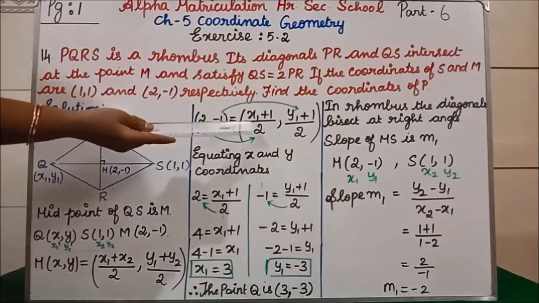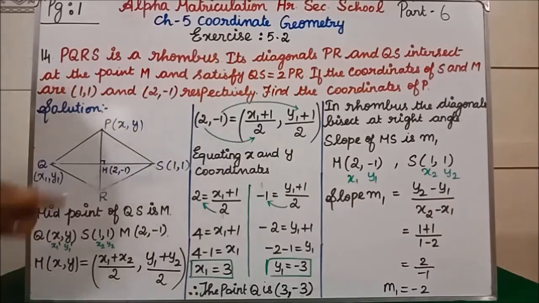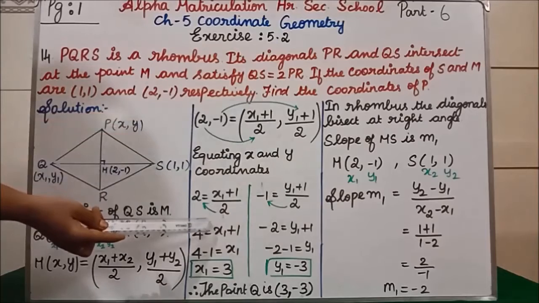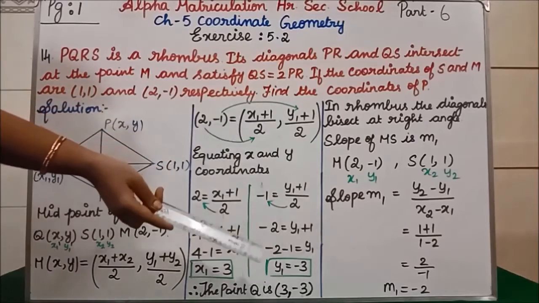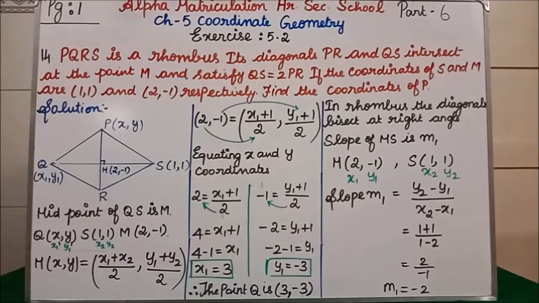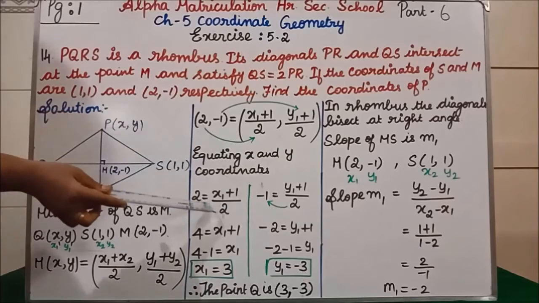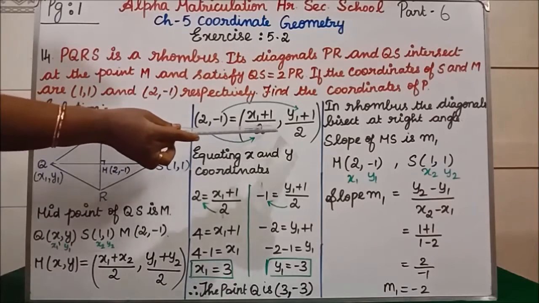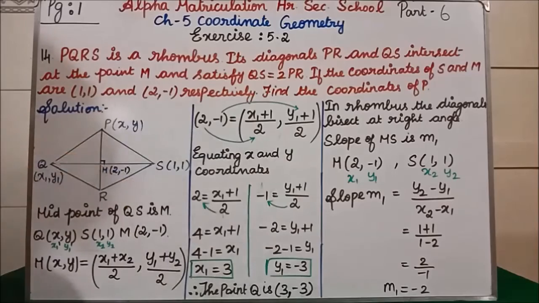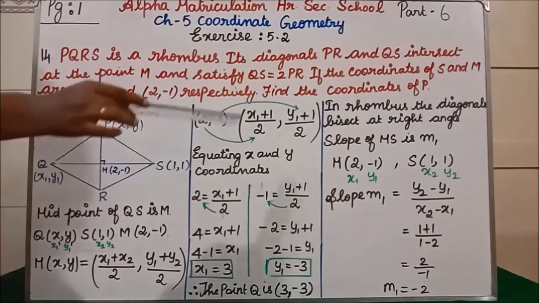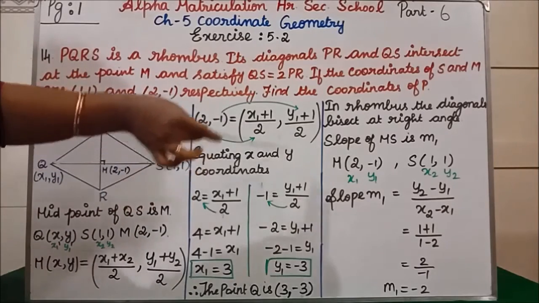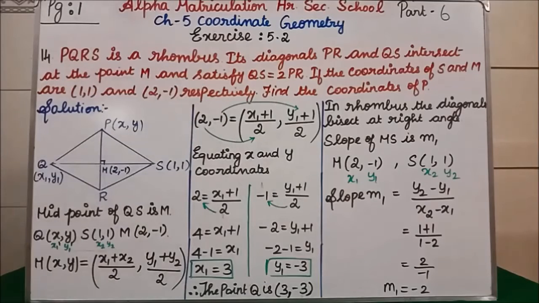So the x coordinate we equate on one side and the y coordinate on the other side. So we write 2 is equal to (x1 plus 1) divided by 2, and on the other side -1 equal to (y1 plus 1) divided by 2.